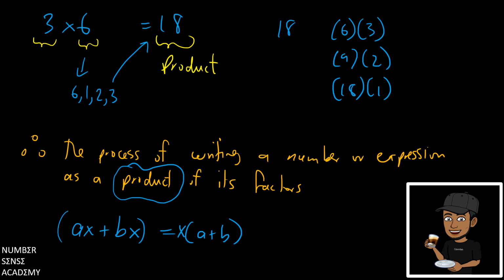If I have x and I put a minus sign, a plus b, this is no longer a product. So you're not allowed to stick operation signs in between the terms or the factors, because if you do that, it's no longer multiplying. And that's very important.